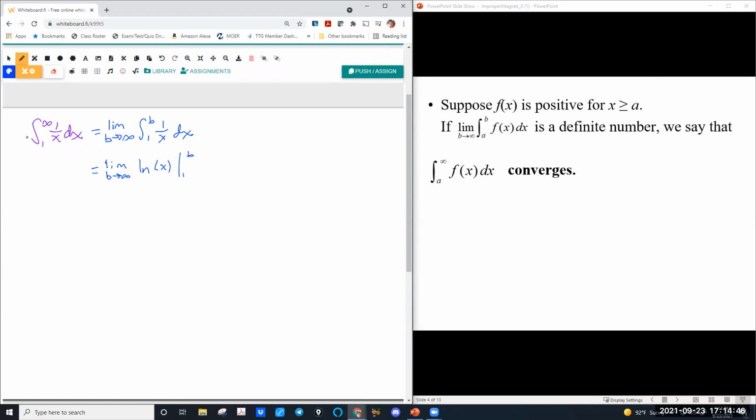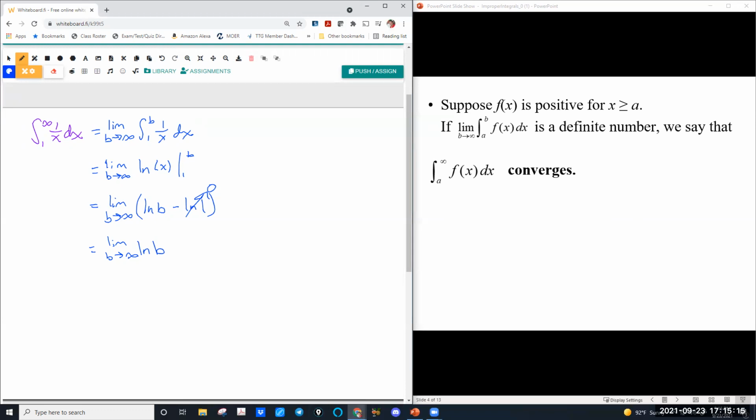So now we have the limit as b goes to infinity of ln of b minus ln of 1. ln of 1 is 0. And now we need to check this limit.